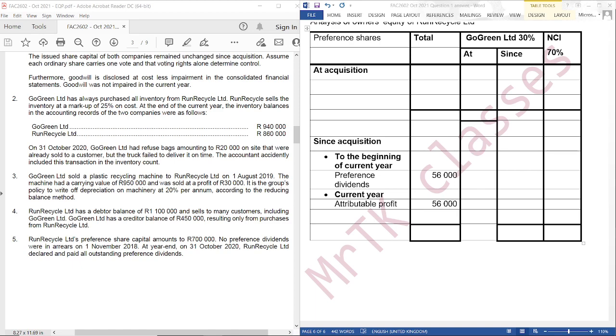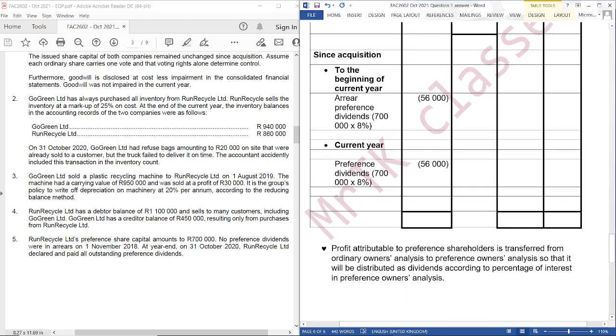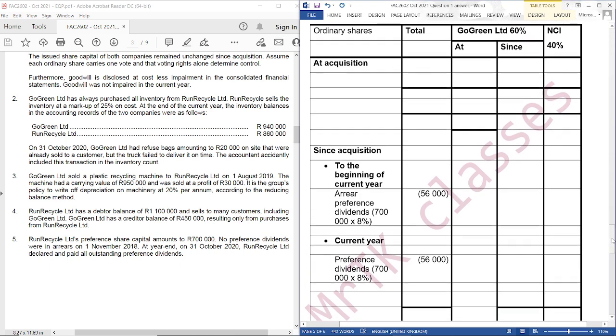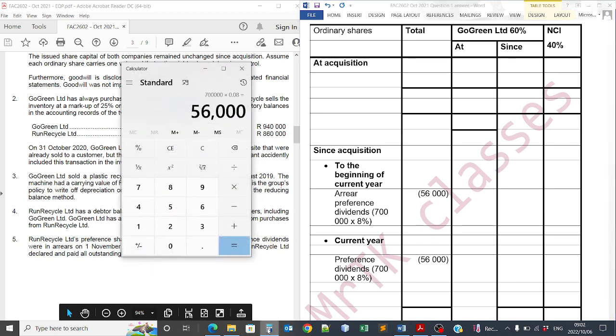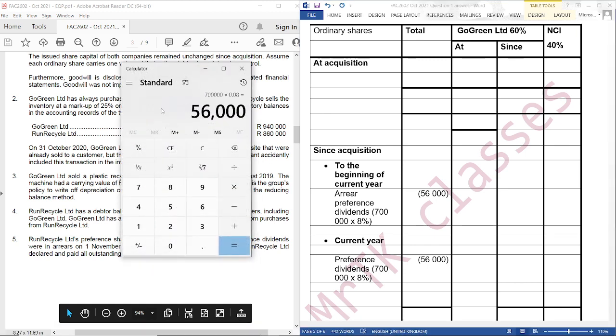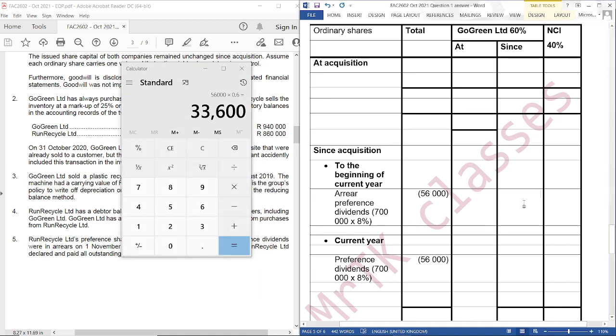Okay, so let us come back here. All right, let us just quickly do these calculations. 56,000 multiplied by 60%, 33,600. 33,600, which means even here 33,600.